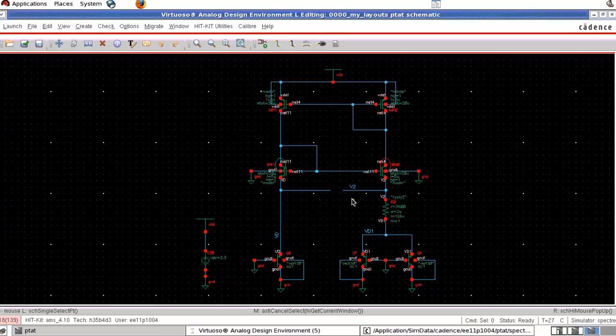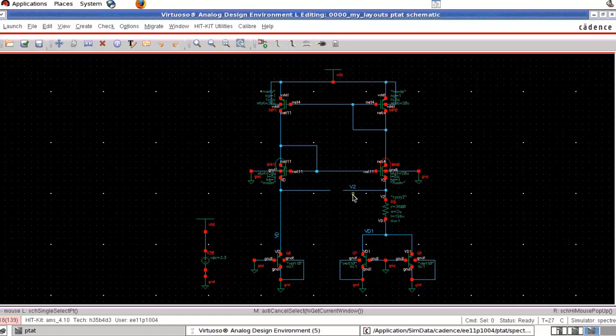In this condition, we said the voltage across the resistor is equal to Vt into ln N, which is the voltage across the diode. So here our N equals 2, that is, the two diodes are connected in parallel.